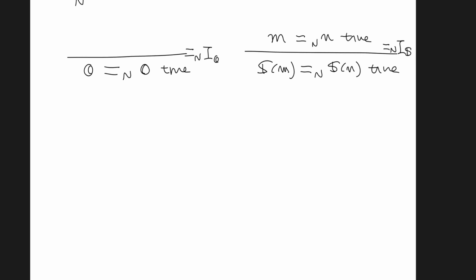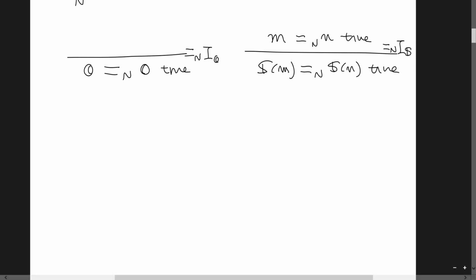Now suppose that we have two terms, two natural numbers, m0 and n0, and we have this judgment.